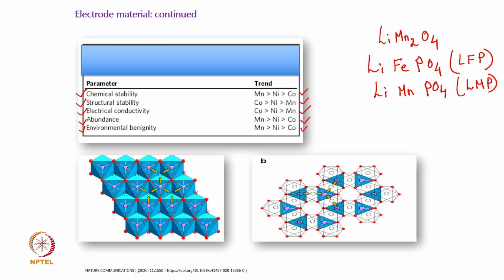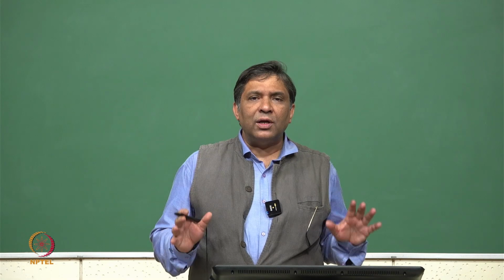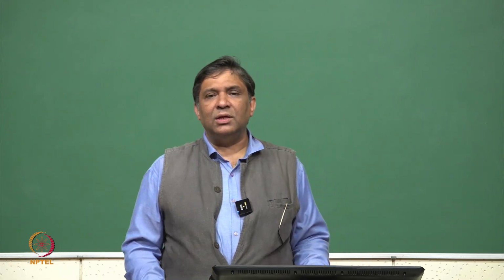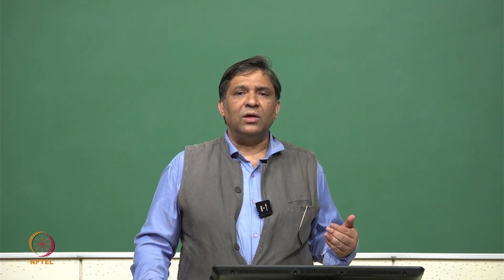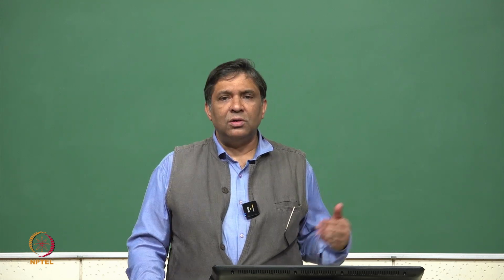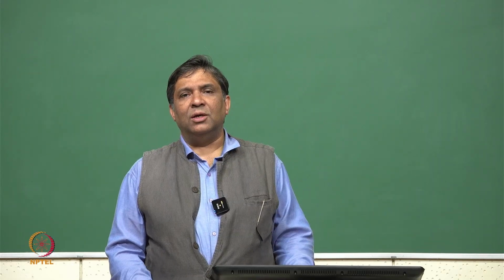These are all cathode materials. The polyanion materials, apart from giving a high voltage output, are also extremely stable because of their typical structure. Many other materials are under investigation, and you can find in the literature what materials people are recently using for lithium ion battery, or are researching.